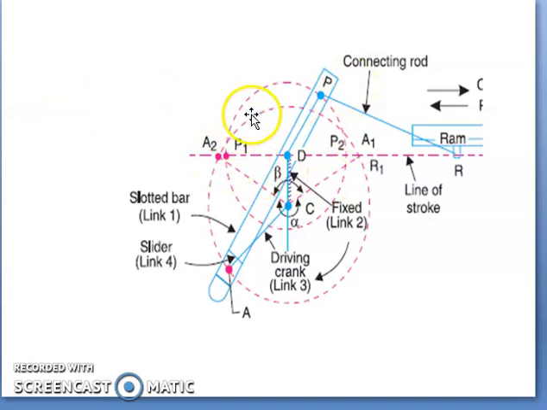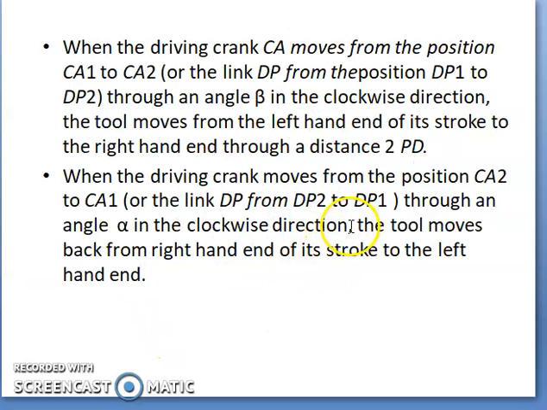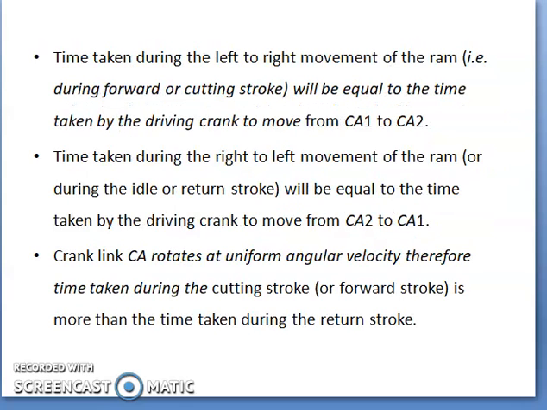And now again when it is moving from A1 to A2, the point will move from P2 to P1 through the angle alpha in the clockwise direction, so that it will move from the right hand end of the stroke to the left hand end. The time taken for the left to right movement will be equal to the time taken by the driving crank moving from CA1 to CA2.